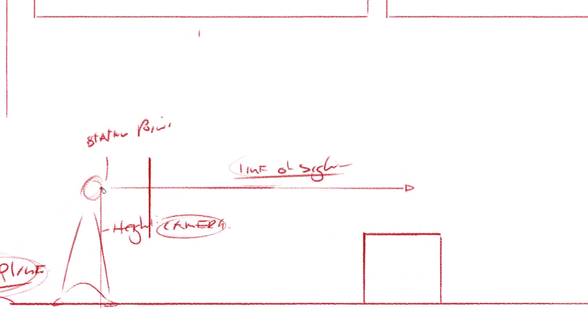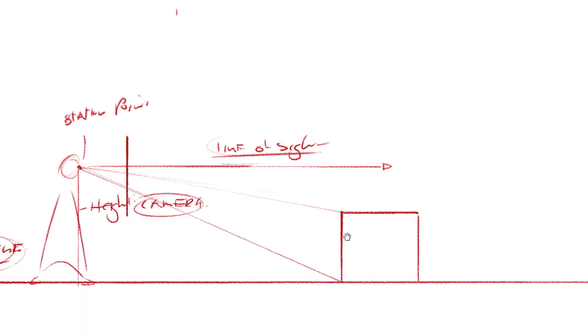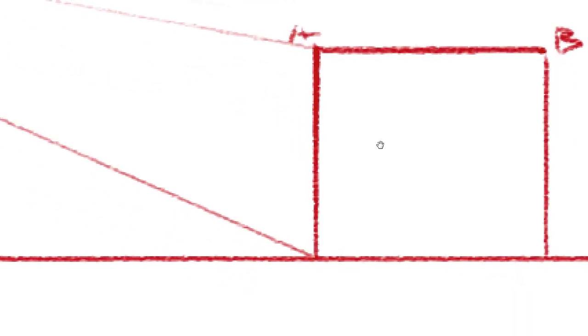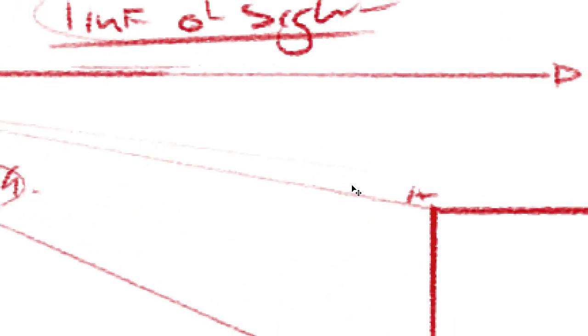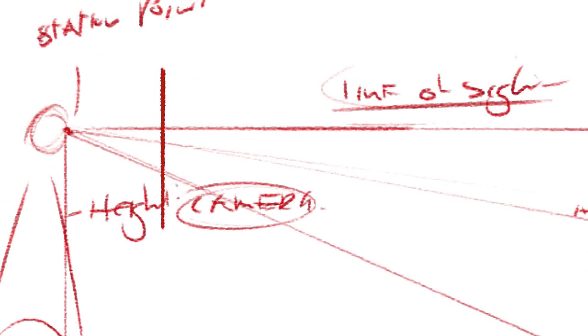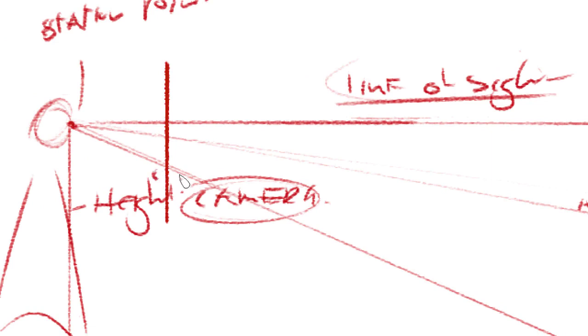The next thing that we're going to see is if I connect this corner to the eye or the lens or whatever, these lines are called vision rays. So let's say, for instance, this is point A, B, and C. You can see if you follow this back that point C gets recorded on here.